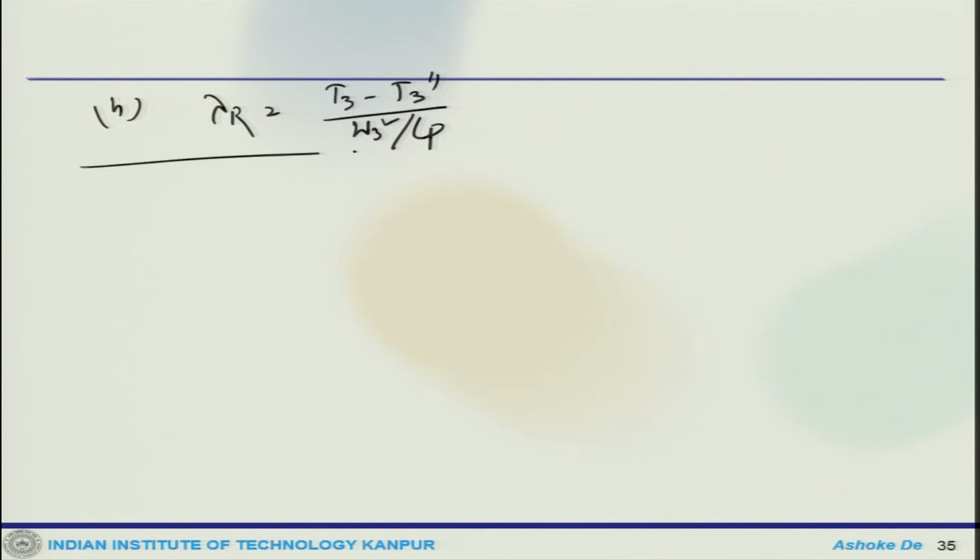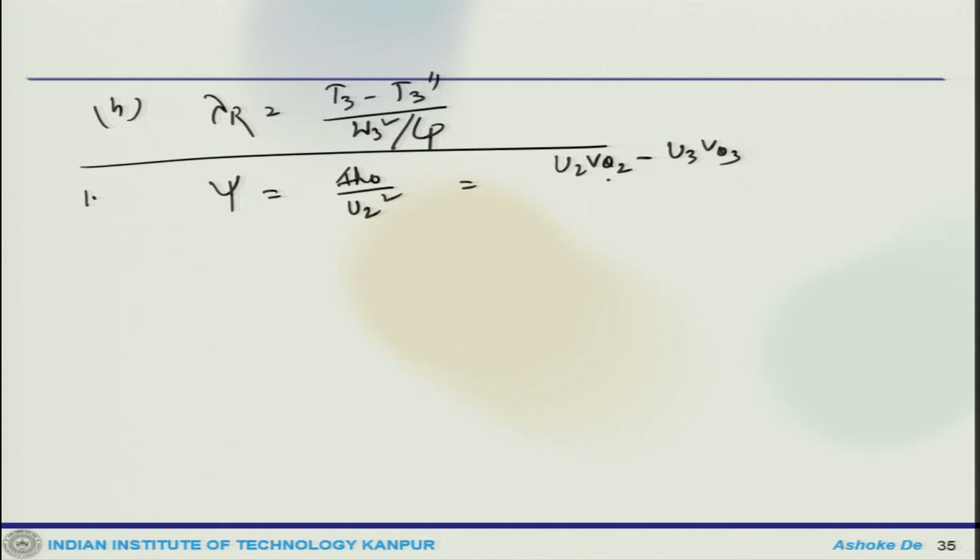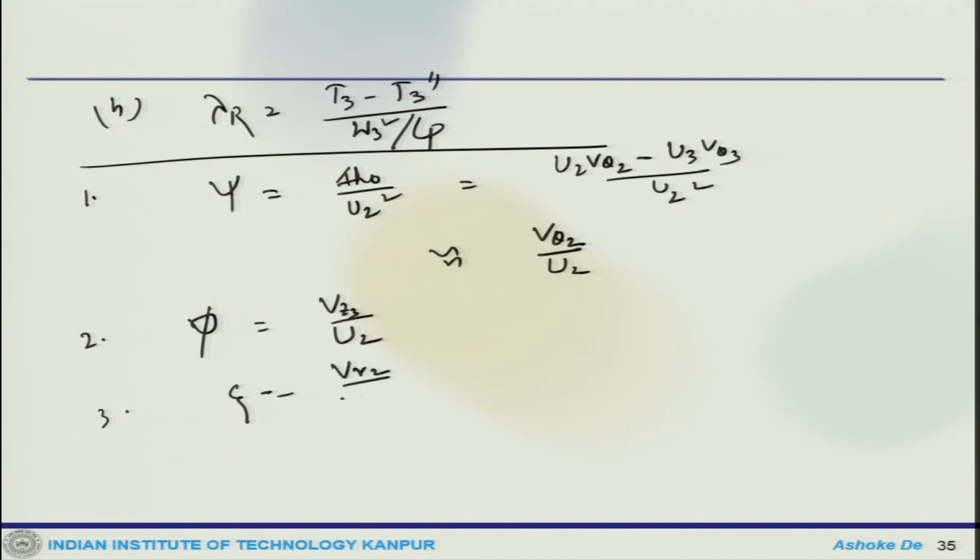Now, there are some dimensionless parameters. One is stage loading, which is psi equals delta H naught by U2 square. These are similar to what we have defined for the axial case, and one can show that this would be V theta 2 by U2. There could be a flow coefficient, which is Vz 3 by U2, and a rotor non-dimensional velocity, Vr2 by Vz 3, which would be roughly 1.